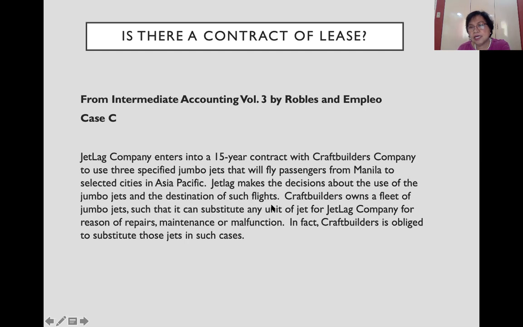Again, just like in case A, the substitution here is not actually a benefit accruing to Craft Builders, but an obligation of the Craft Builders. Therefore, there is no economic benefit that will accrue to Craft Builders from this substitution. Again, this is a contract of lease.